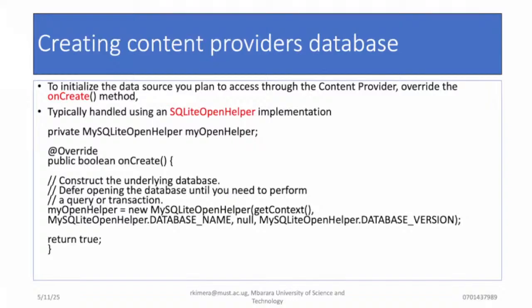So then to create the content provider database, we are saying you can initialize the data source you plan to access through the content provider. And so that means you must utilize SQLiteOpenHelper. We saw it's the one used for creation of SQLite databases. And the structure still doesn't change: onCreate, use SQLiteOpenHelper, and then the database name, and then the version of the database.